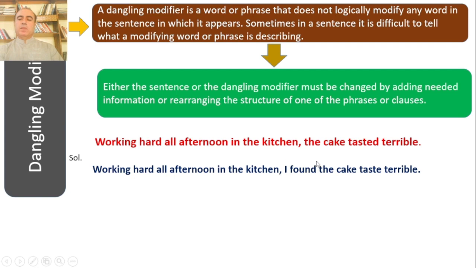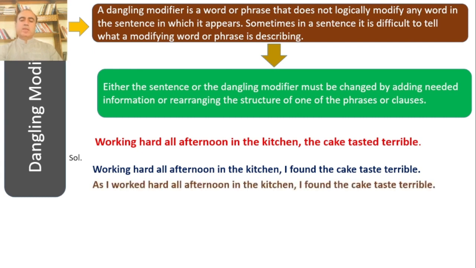We have supplied a verb and subject here. So this becomes a better describing statement. It describes the experience well. Or it can be like this: as I worked hard all afternoon in the kitchen, I found the cake tasted terrible.